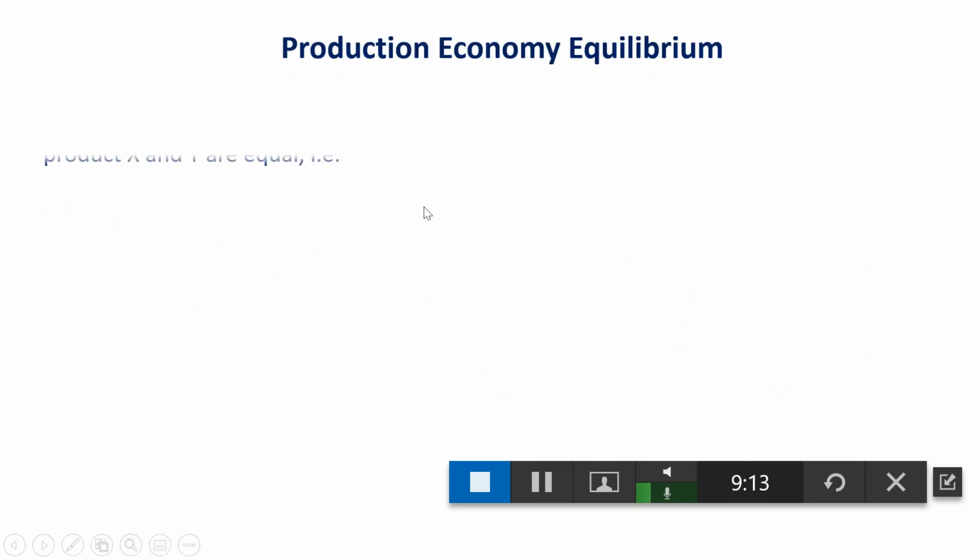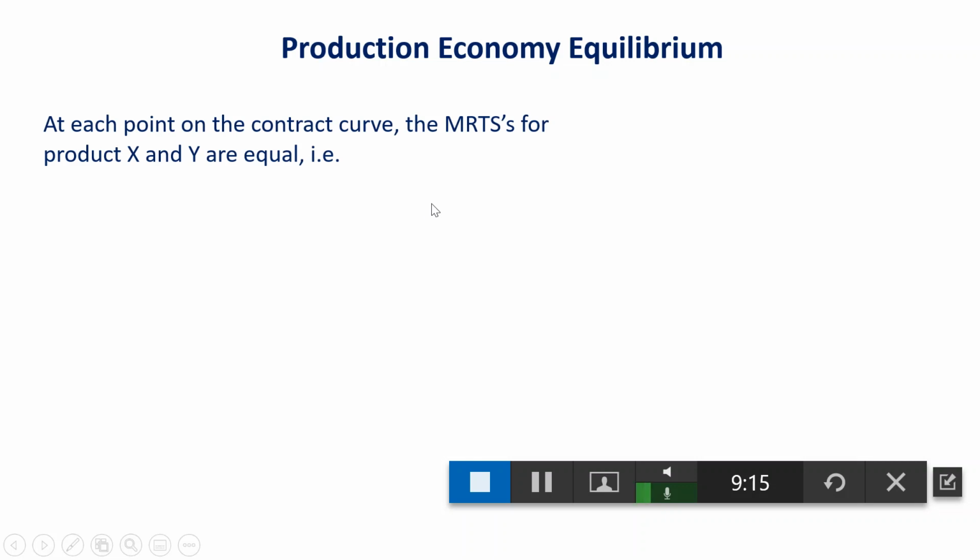Next we'll see the production economy equilibrium. In production economy equilibrium, you need to find the optimal mix of labor and capital. At each point of the contract curve, the marginal rate of technical substitution for products X and Y are equal.